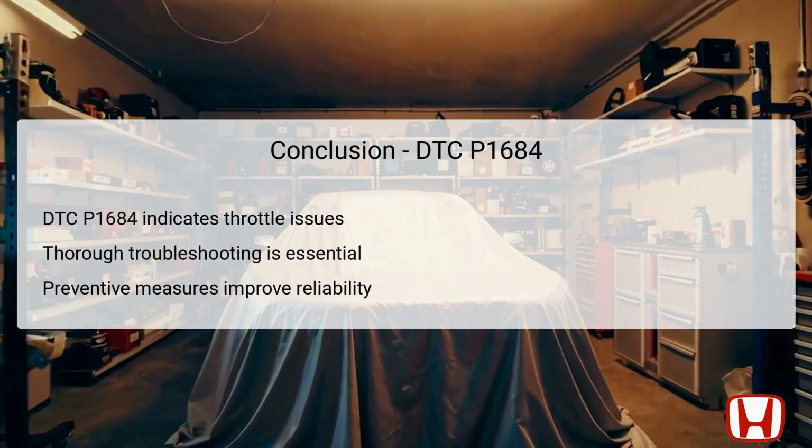Regular maintenance and inspections are crucial for the long-term reliability of the throttle system, enabling smoother engine operation and preventing the recurrence of similar faults in the future. Understanding the roles of each component involved, as well as the interplay between them and the ECM or PCM, solidifies a technician's capacity to address complexities related to DTC P1684. Ultimately, thorough diagnostics, accurate repairs, and proactive maintenance ensure that vehicle performance and safety are optimized for the driver.